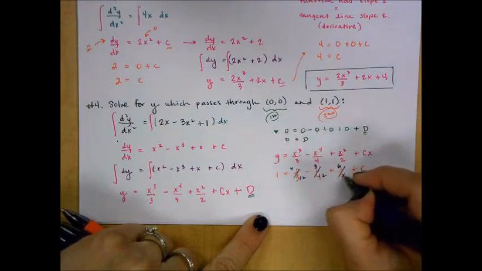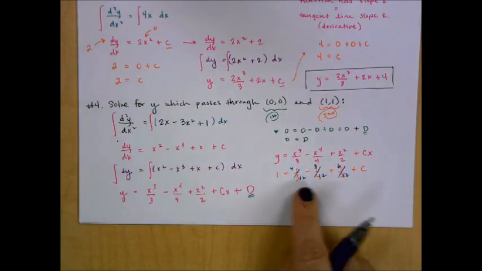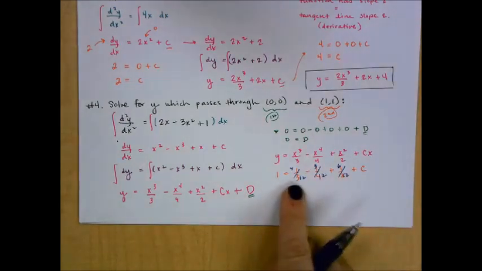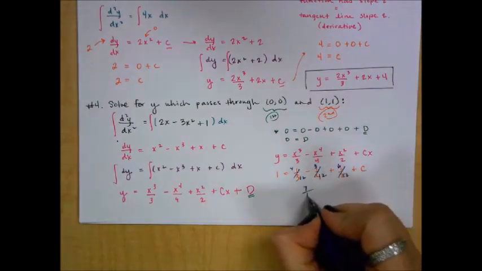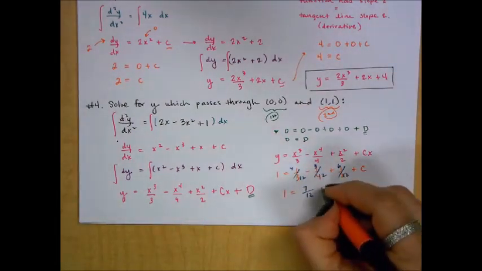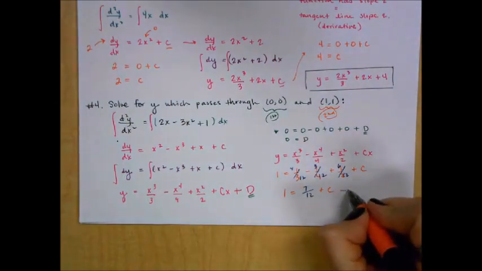So 4/12 minus 3/12 plus 6/12 is going to give us 7/12. And I have 1 equals 7/12 plus c. Subtracting 7/12 from 1 gives me a c value of 5/12.